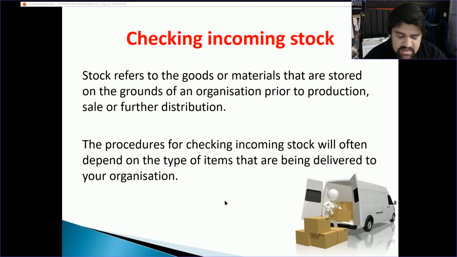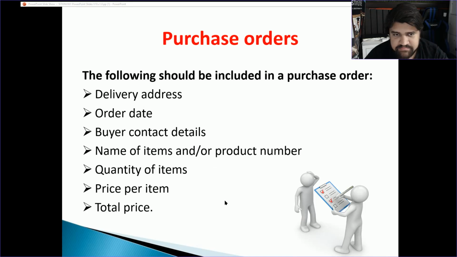If you're getting raw goods, you're checking the temperatures, what type of raw goods they are, and what your receiving temperatures should be, such as below 5 or above 60 if you're getting cooked food. So think about those things and make sure they're all at the correct values.